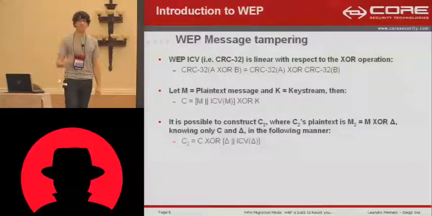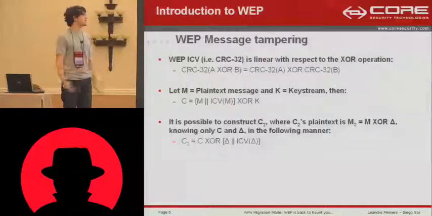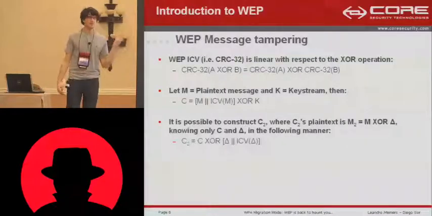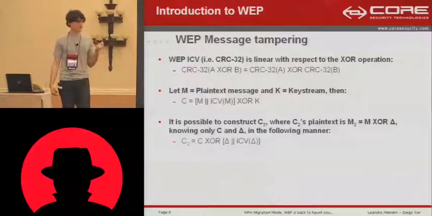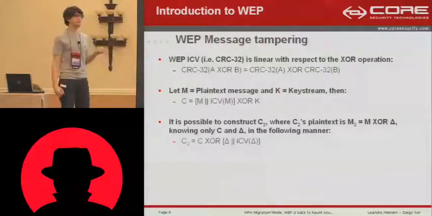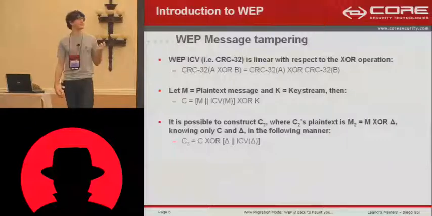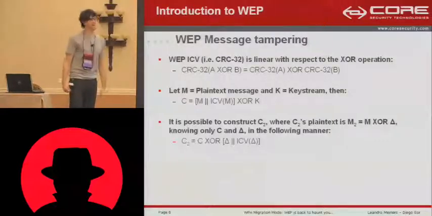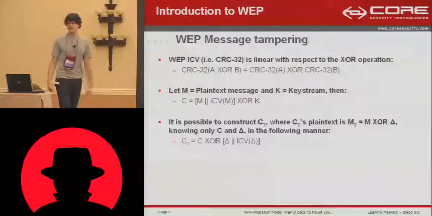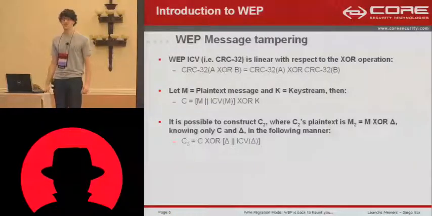So back in 2001, one of the first papers was published about how to tamper with a WEP message. What does it mean? We can build a new message based on the old ciphertext that is still valid. So basically, one of the key elements for this to happen is that CRC32 is linear with respect to the XOR operation.